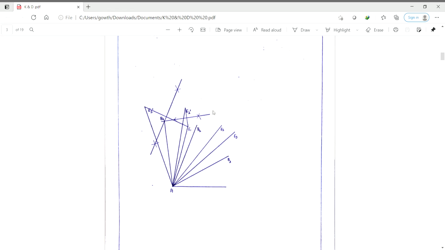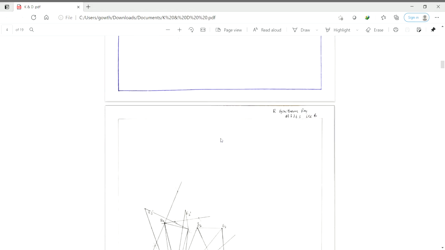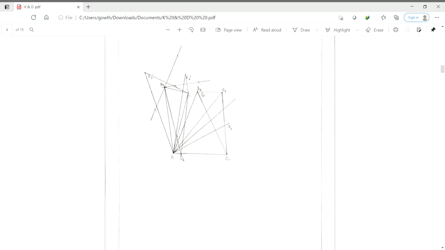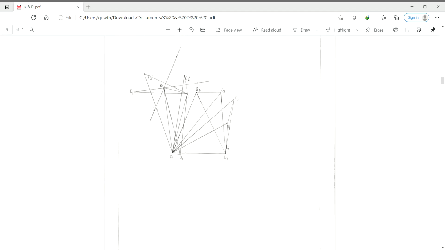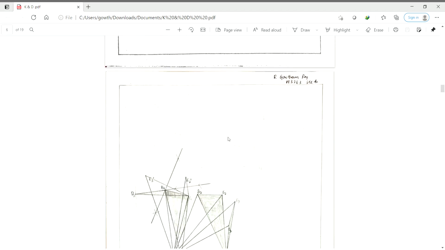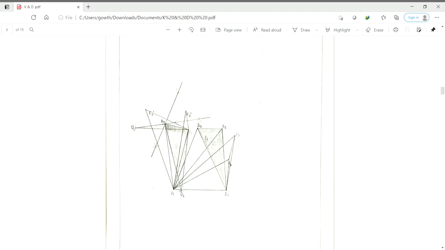And after getting B points B2 and B3, now we have to construct triangles B2, E2 and D1, taking point D1 as the end of the fixed link, and also triangle B3, E3 and D1.